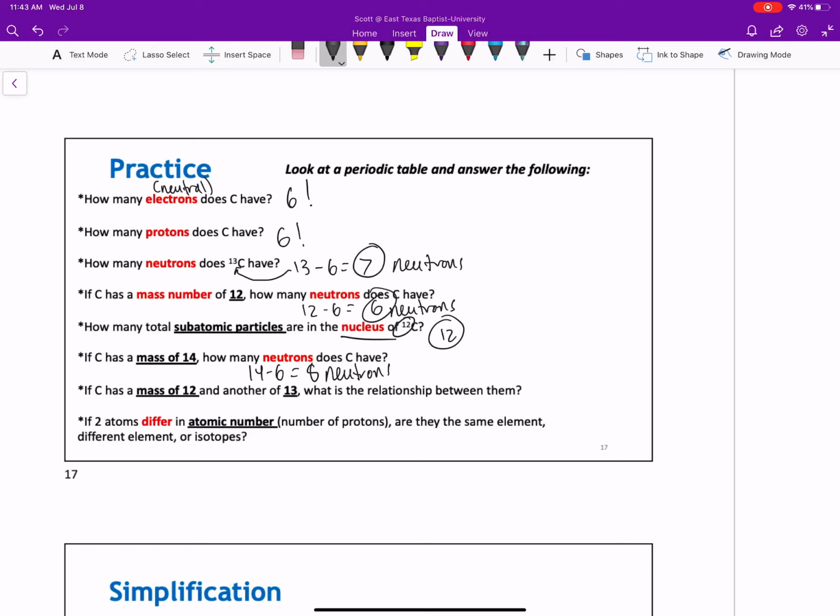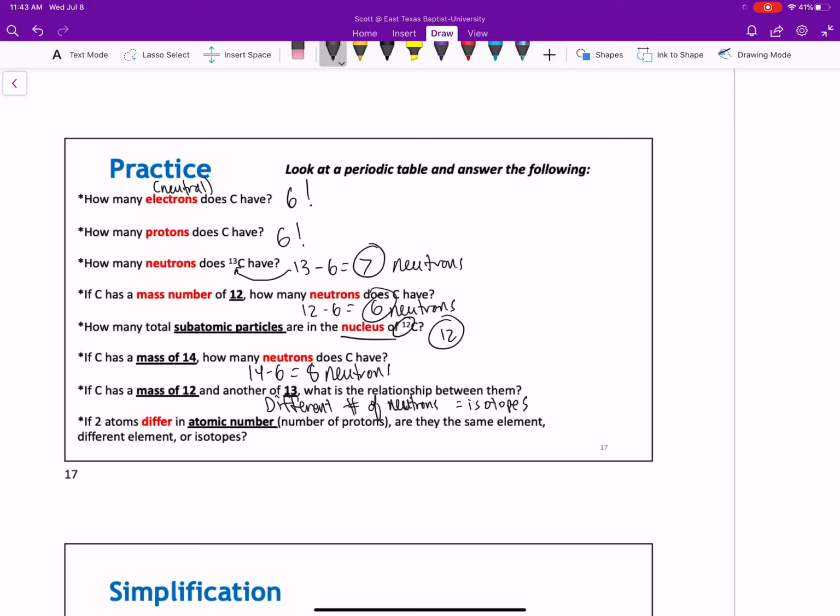C had a mass of 12 and another 13. What's the relationship? So they're both carbon. They're both neutral. They have differing number of neutrons. So that makes them isotopes. And if 2 atoms differ in atomic number, are they the same element, different element, or isotopes?